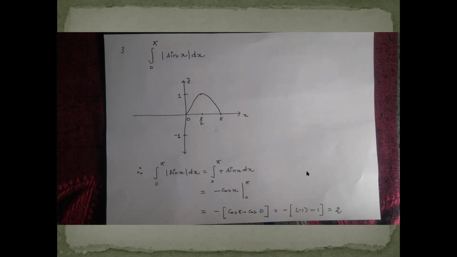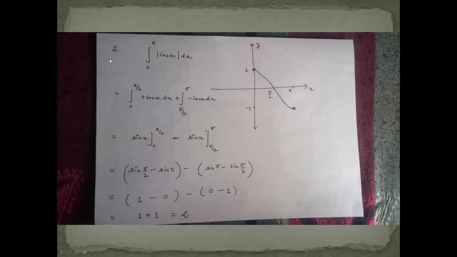So in both cases we have seen that the integral from 0 to pi of modulus of sine of x is 2, as well as in the previous question the integral of modulus of cosine of x from 0 to pi is 2. So these are two results which will be very useful and will be used in other questions, question number 1 to question number 10.